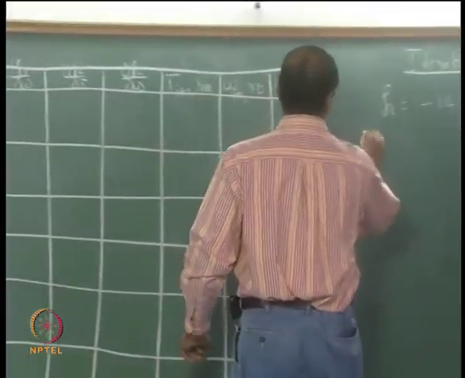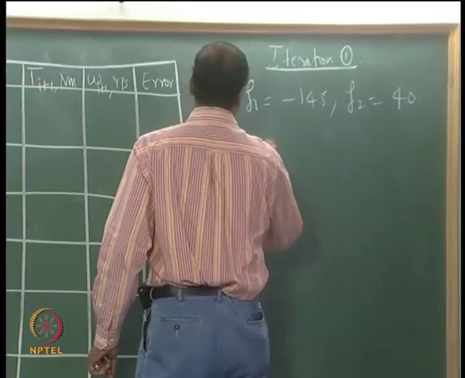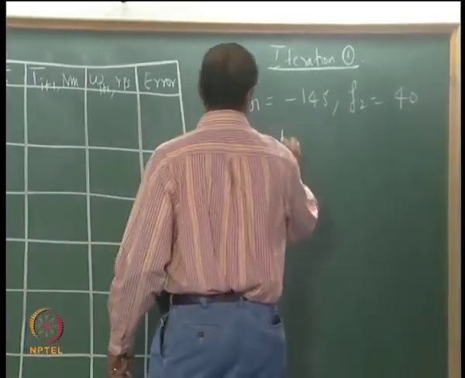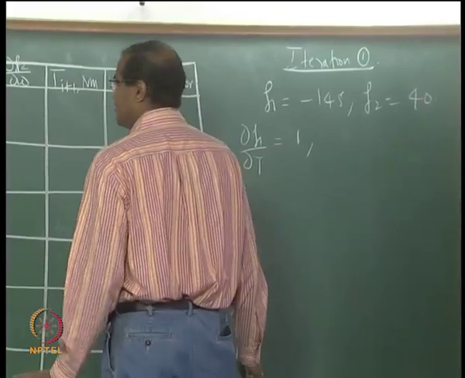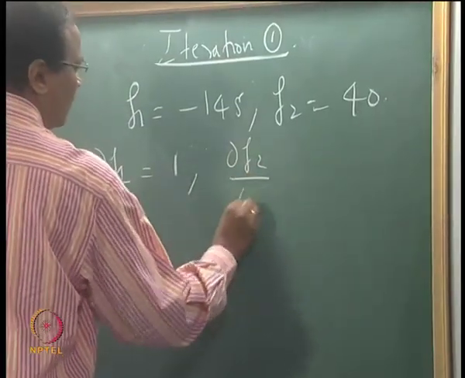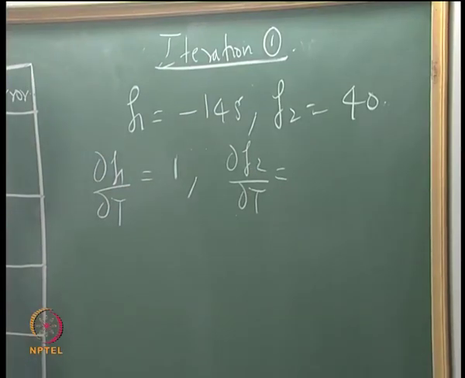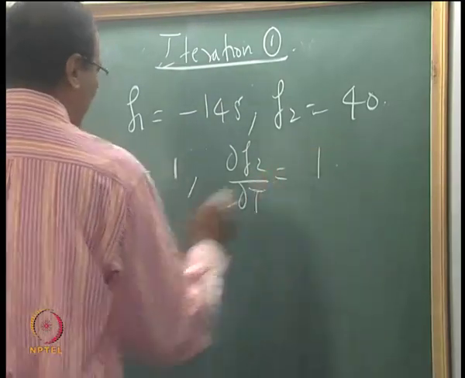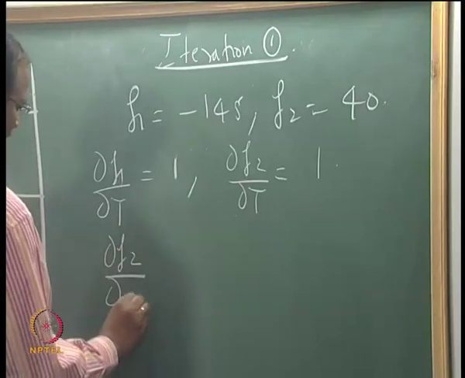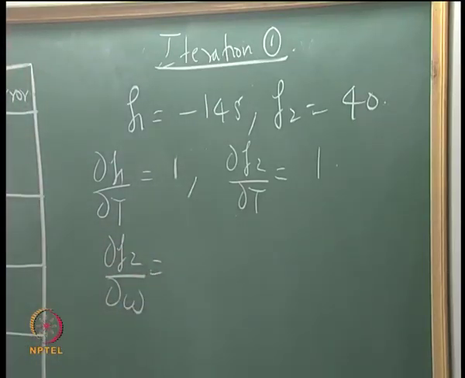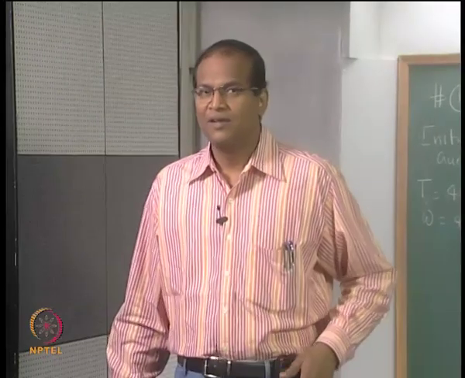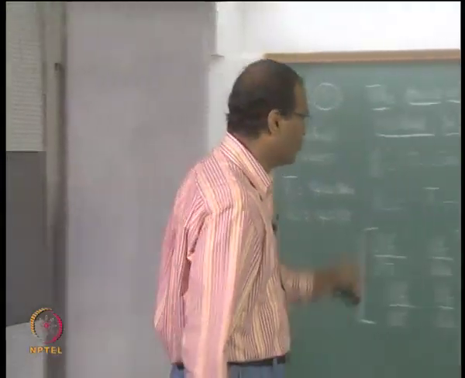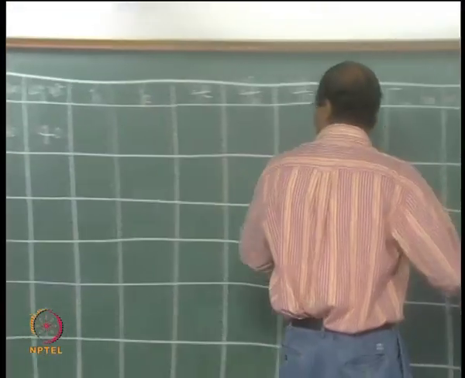So dou F1 by dou T is 1, good, all of us are happy, right. What about this fellow? He is also 1. What about this guy? I wrote it out in a deliberate sequence such that all the 3 are invariant with respect to iterations, but the 4th fellow is not, he is going to give trouble. I mean he will keep on changing.